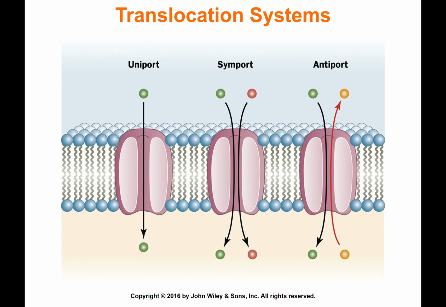Symporters will take two different chemicals across the cell membrane, but the two chemicals are moving in the same direction. We have not yet talked about a symporter. I think we cover one of them in the class. And then we also have examples of proteins called antiporters. Antiporters will move two chemicals across the membrane, but in different directions. So one chemical will be moved inward, another chemical will be moved outward.